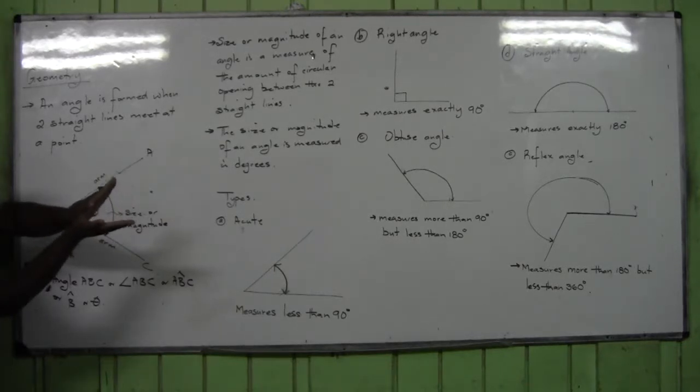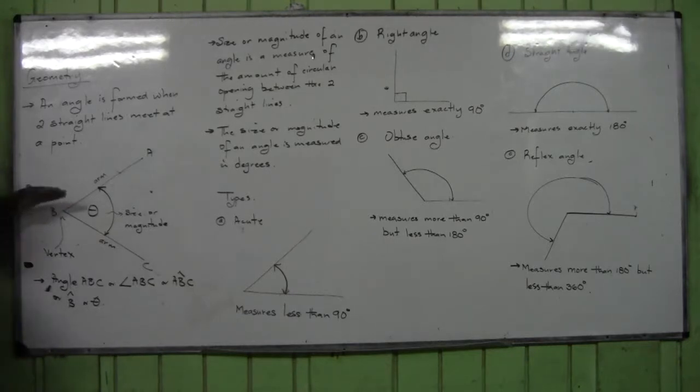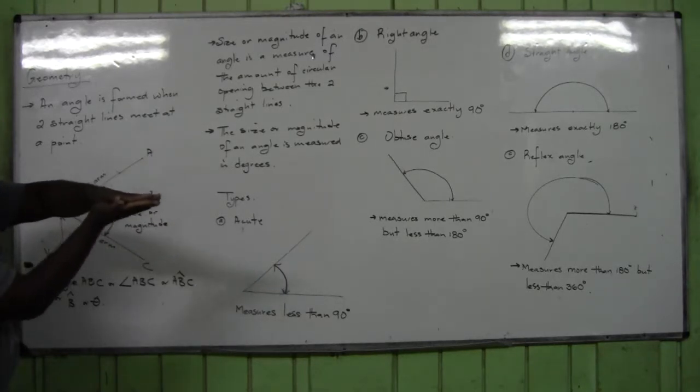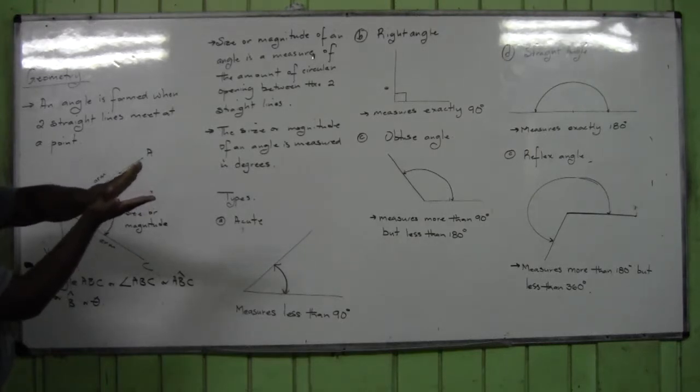The amount of opening between the two straight lines is called the size or magnitude of the angle. If the two straight lines meet and lie exactly on each other, the size or magnitude is going to be 0, because there's no opening between the two straight lines. As you open it, the size is increasing.